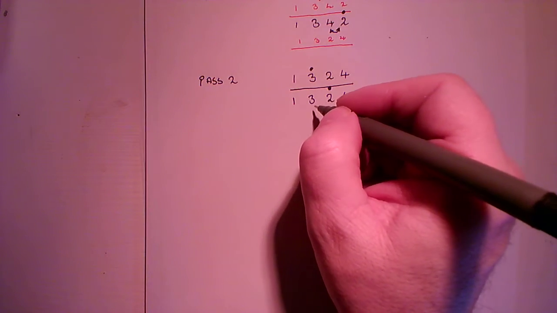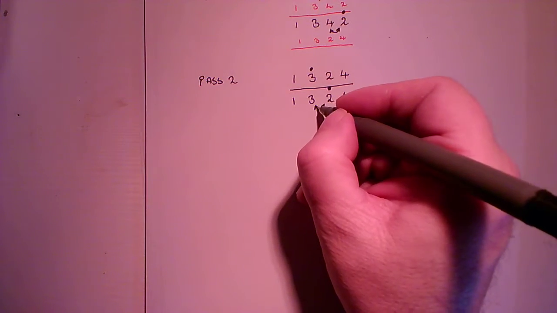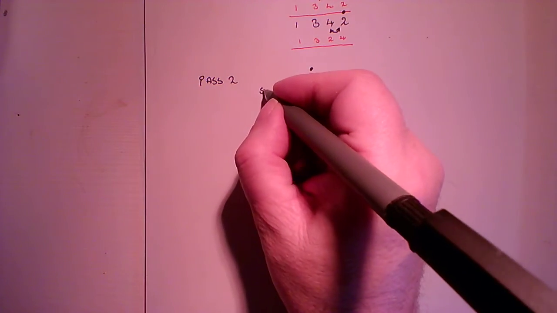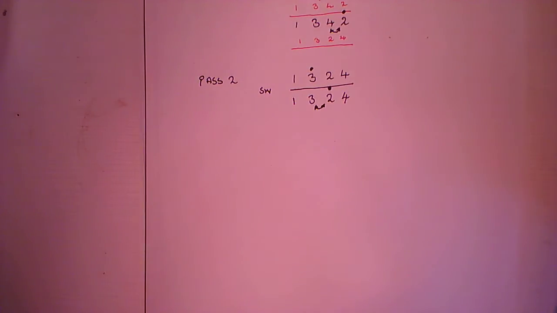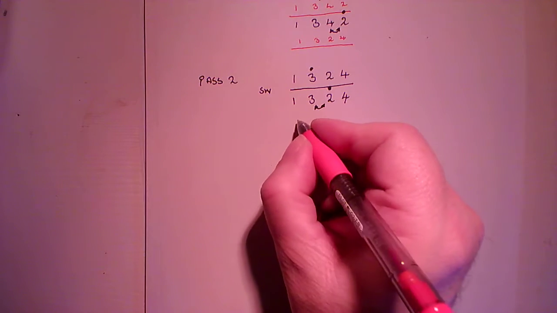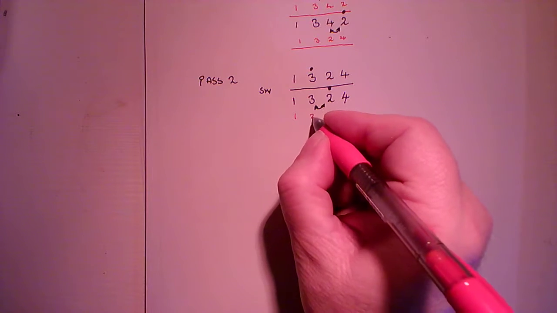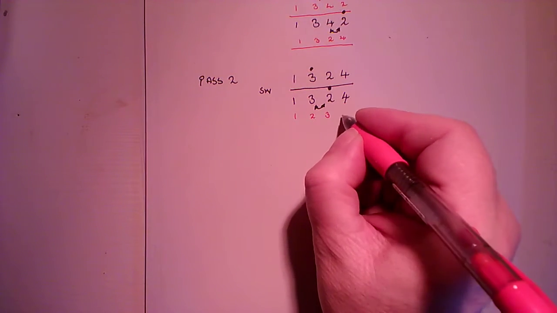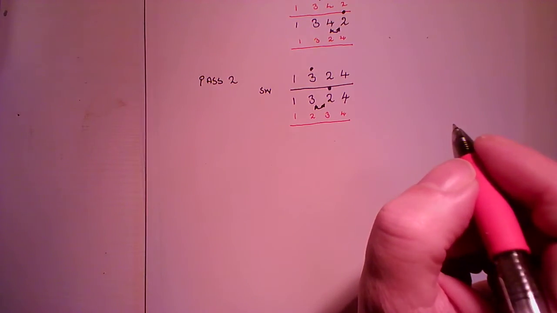So with the 2, 2 is less than 3, so those two are going to swap over, and because I've got a swap, I'm going to indicate with my flag that I've made a swap. In other words, this is not my last pass, so I'm going to have to go through at least one more time. So the 1 stays the same, these two swap over, 2 and the 3, and the 4 stays there. So I've made a swap.